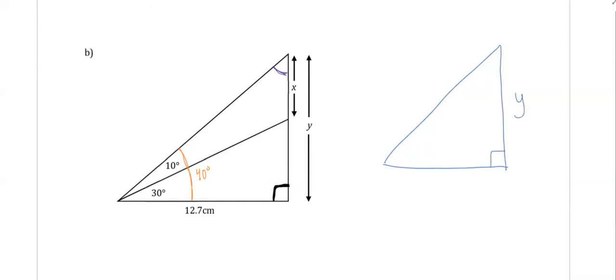So this would be y, this would be 12.7, and this would be 40 degrees. And now I don't have any of the other junk, which would really just be this line here. And as Brooke said, I have enough information to find y. I've got one angle and one side length, and it's 90 degrees, so I can find y. And that's one of the things we have to find, so let's go ahead and do that.